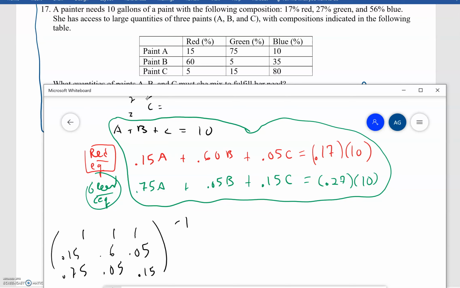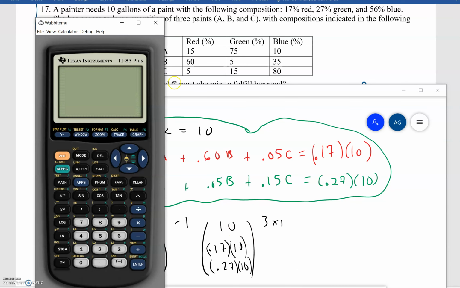And then I'll need to take the inverse of that and multiply it by my constants matrix, which is 10, 0.17 times 10, and 0.27 times 10. So I'll need to put those into my matrices. Matrix A is going to be a 3 by 3, and this will be a 3 by 1, and then we'll have to invert and multiply. So let's go to the calculator and type all this in.